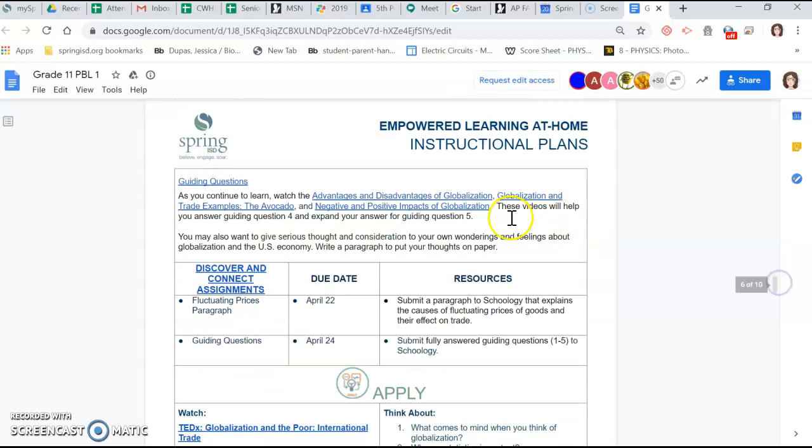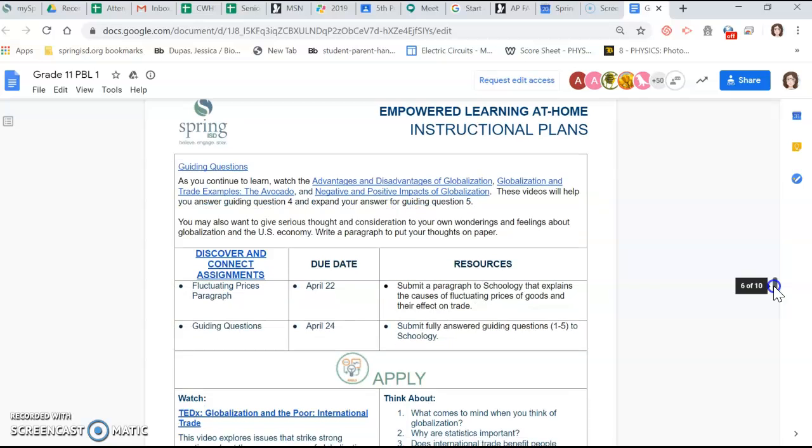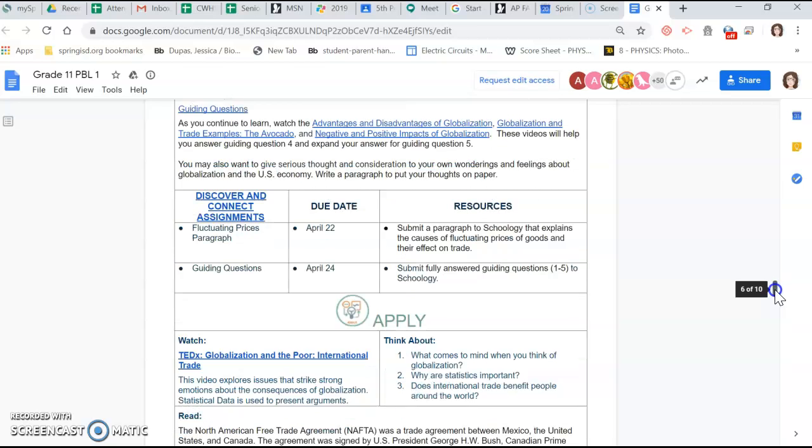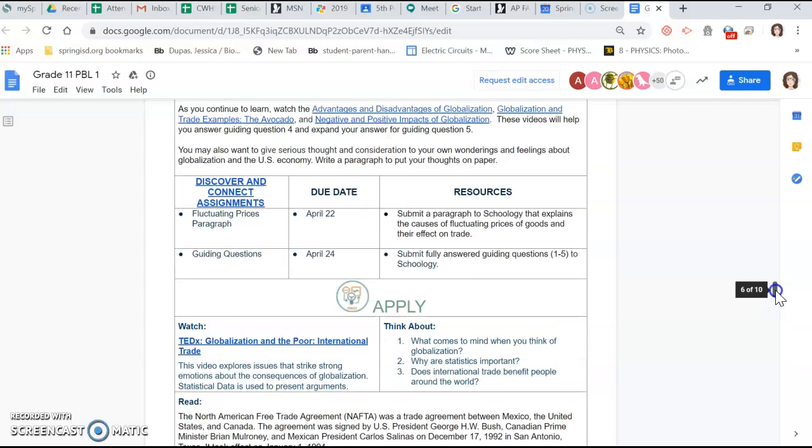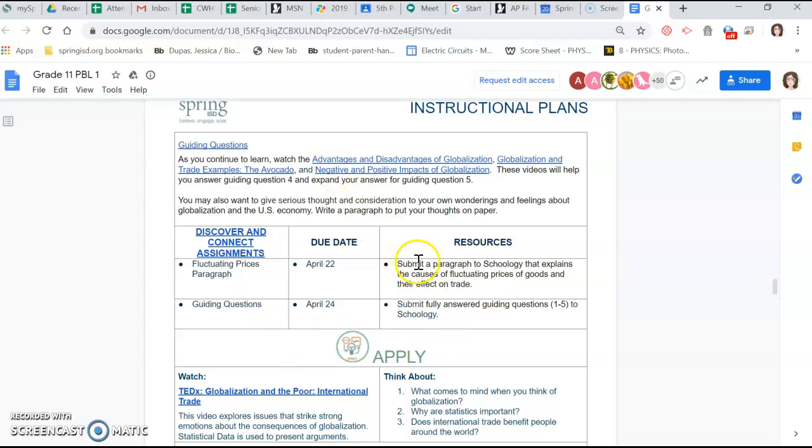But now we've got the advantages and disadvantages of globalization, globalization and trade examples, and the negative impacts of globalization. Now that we have a general idea of what globalization is and who it helps and who it hurts, we're going to dig a little deeper into the negative impacts. You looked last week at some of the positive impacts. All of these two assignments are going to be guided by these videos.